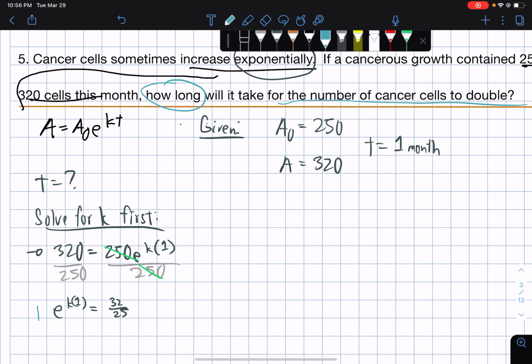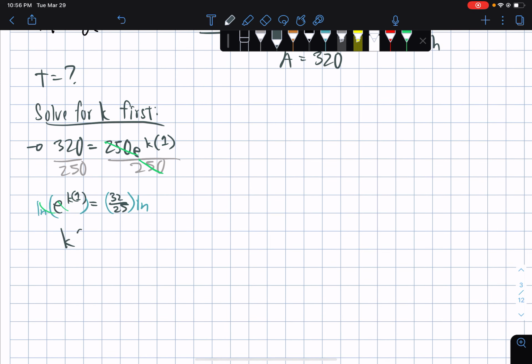Then multiply both sides with ln to eliminate Euler's number. Cancel, cancel. We have k times 1, or basically k. Then we have ln of 32 over 25. k is equal to ln of 32 over 25.